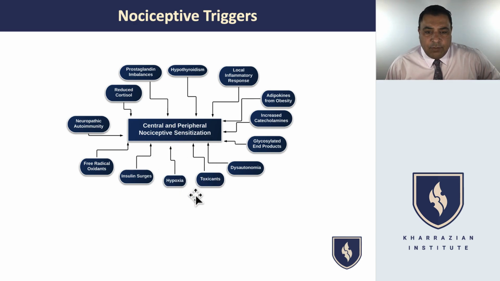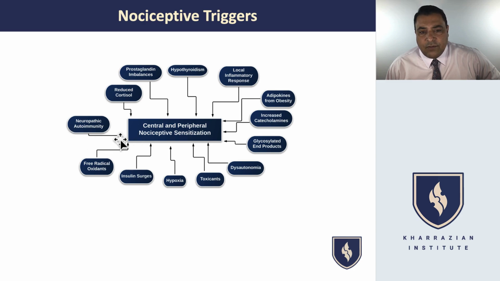Lack of oxygen, hypoxia to tissues can increase central and peripheral sensitization. So people with very poor circulation end up with more pain syndromes, especially in the limbs where they have an injury, where they don't have good blood flow. Insulin surges, unrelated to obesity, but insulin surges themselves can increase nociceptors, so they're more sensitive. And then increased free radicals, not enough antioxidants can be a factor there.